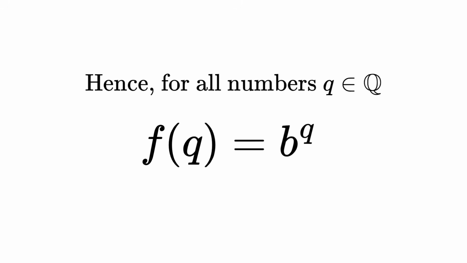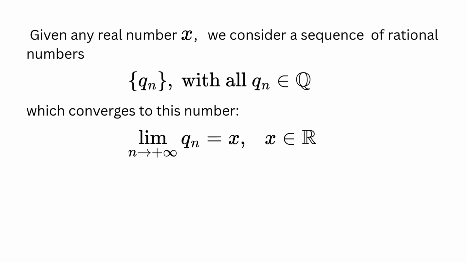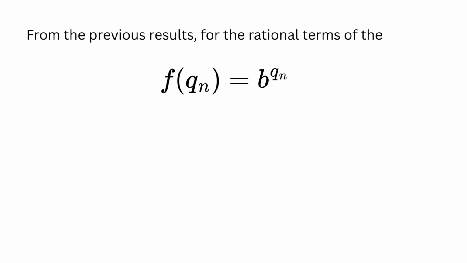Therefore, the function f of x has the exponential form b to the x for any x that is a rational number. If x is a real number, let's represent it as the limit of a sequence Qn of rational numbers. Then, the value of the function for any member of the sequence is b raised to that member.